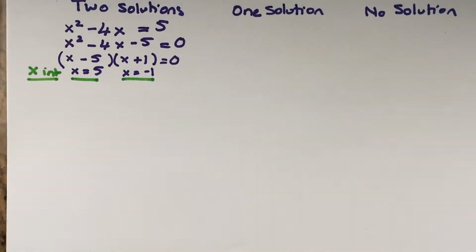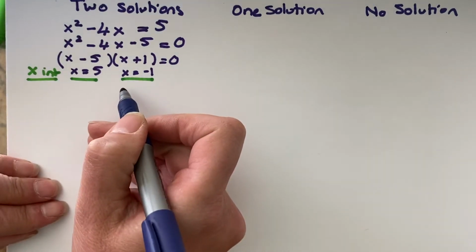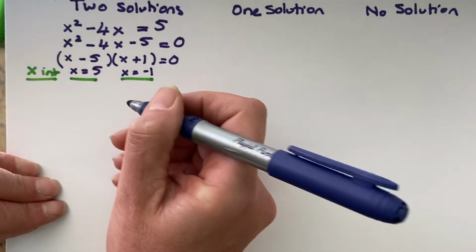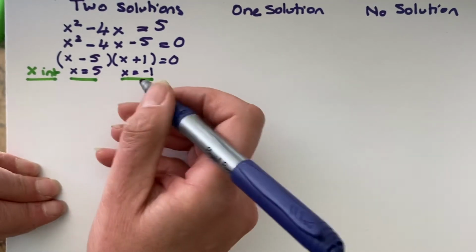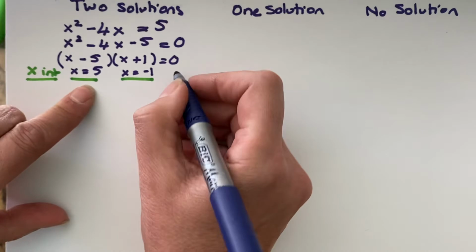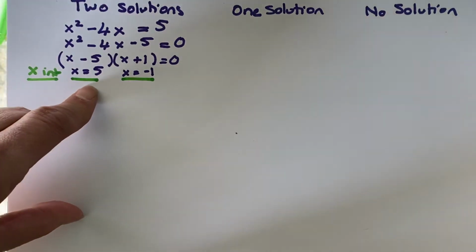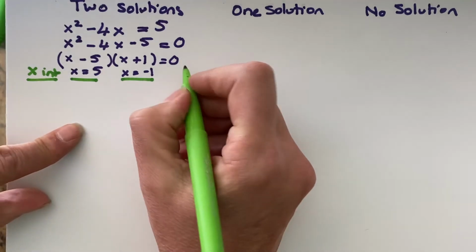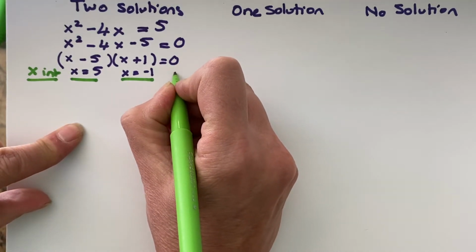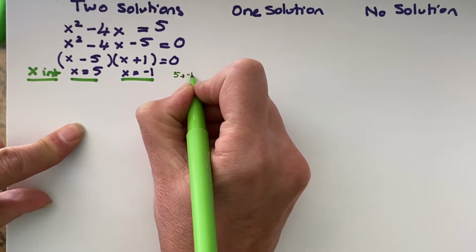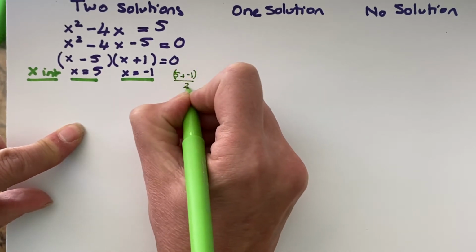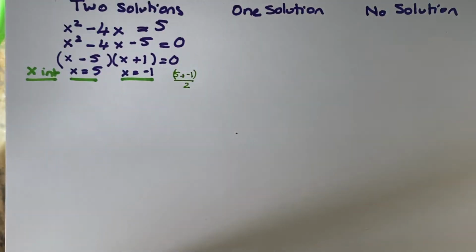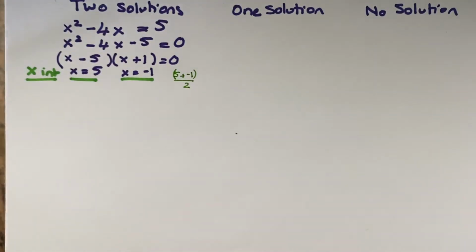Next, looking at these should be pretty easy to find my axis of symmetry. I could do -b over 2a, but I could also average them. If I average them, and let me do this on the side, not too big because I'm going to get crowded pretty fast. 5 plus -1 divided by 2. 5 plus -1 is 4. 4 divided by 2 is 2.